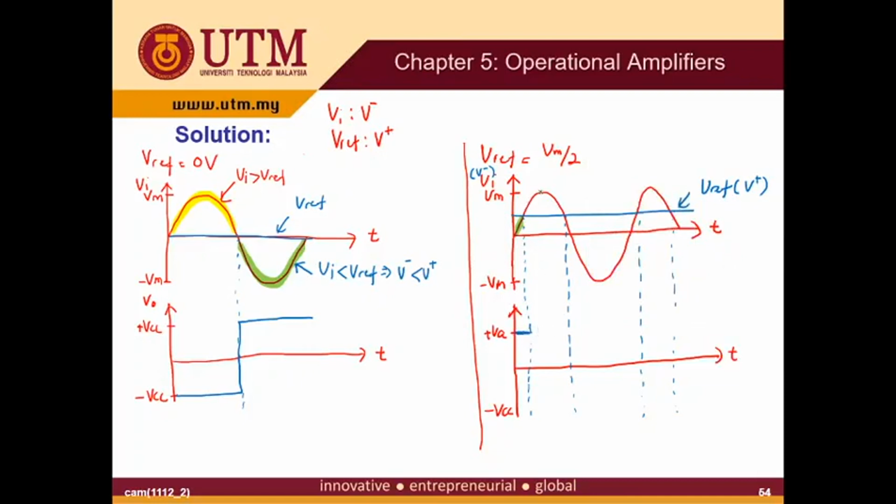And then at this point, your V in is larger than V reference, so V minus is larger than V plus, and you get this one here. Okay, and then you continue with the drawing. So this is the drawing here. Connect the line. Okay, so this is your output voltage.